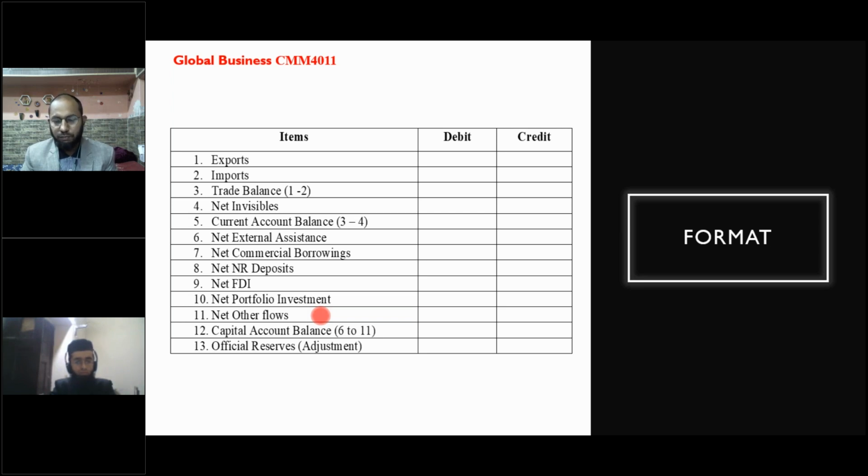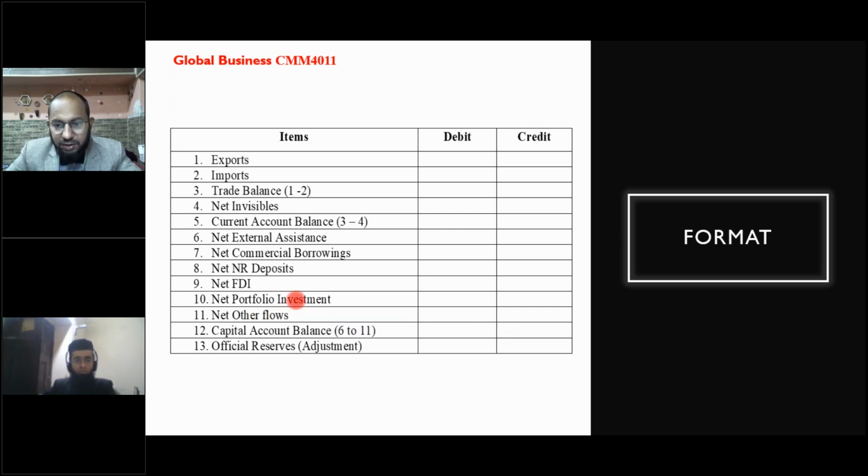Such one-time payments given by multilateral agencies come under net other flows. Then finally we can calculate the capital account balance, which is items 6 to 11: 6 plus 7 plus 8 plus 9 plus 10 plus 11. That will be our capital account balance.